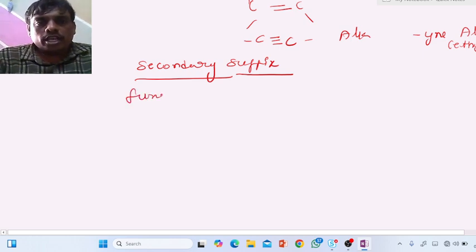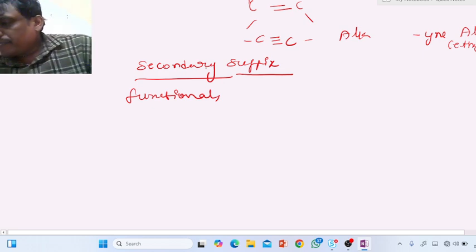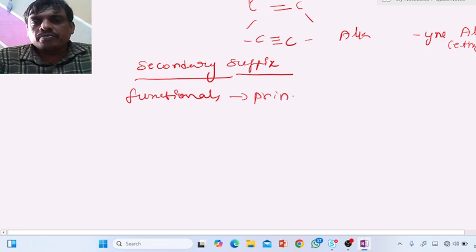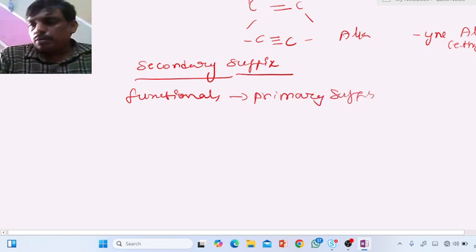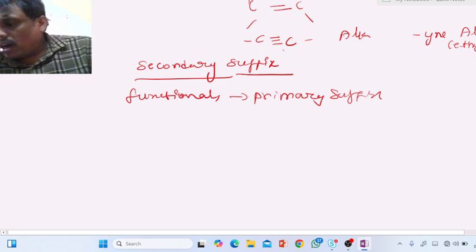Functional group can be known from here. At the same time, it is added to the primary suffix.